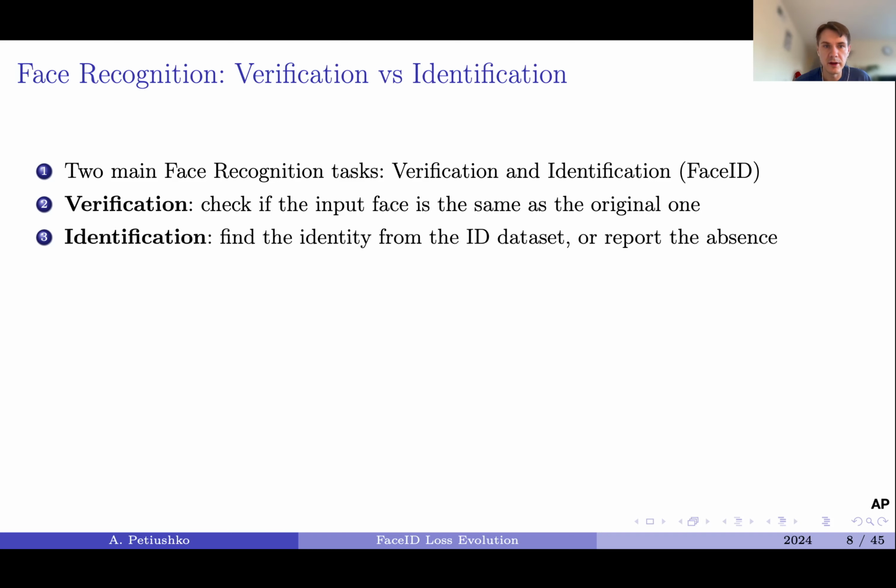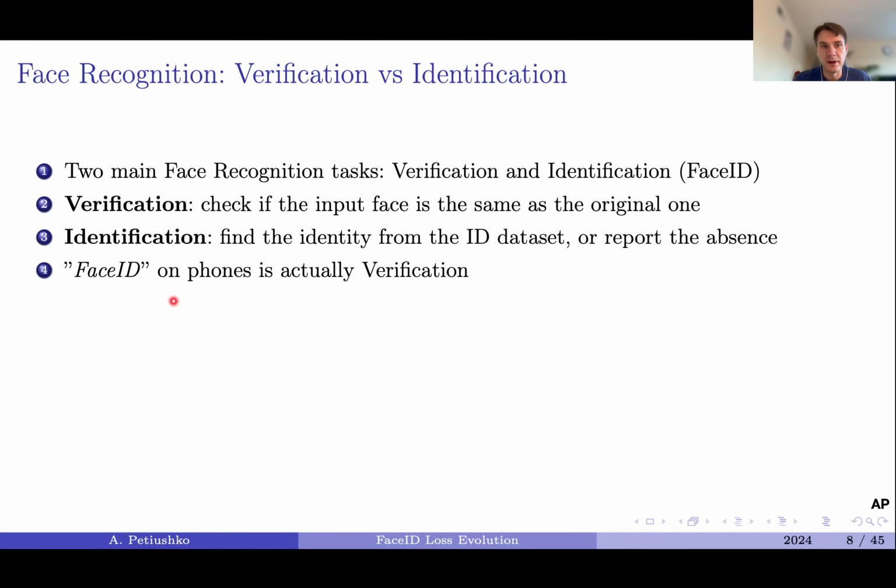Identification is the task of finding the identity from some dataset full of IDs. It could be not one, but millions of different IDs. Or if we cannot find this identity in our dataset, we just need to report that this input ID is absent in the dataset.